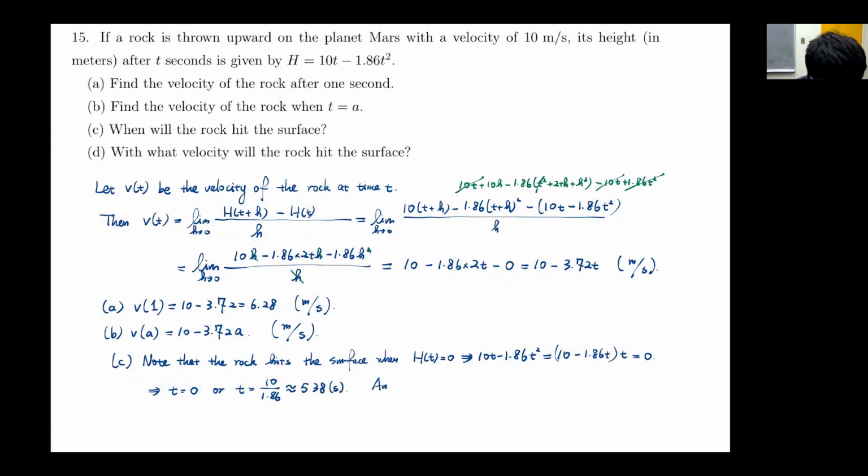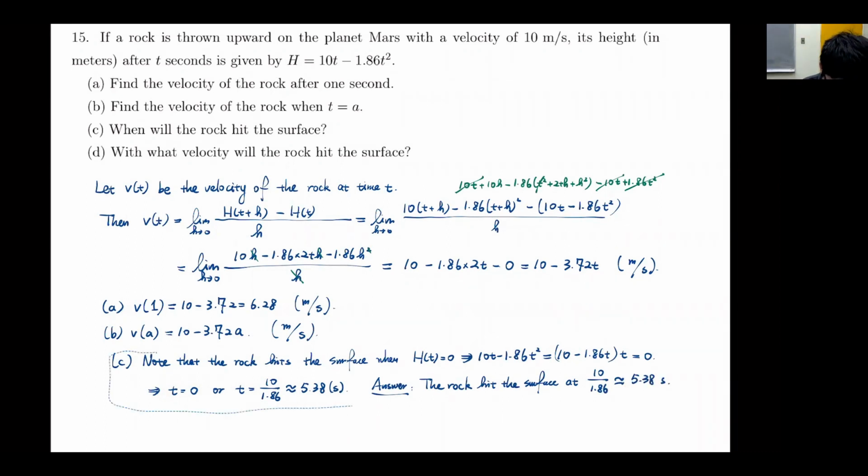So the answer is the rock hits the ground, hits the surface, at 10 divided by 1.86 seconds, which is roughly 5.38 seconds. That will be the answer for part C.